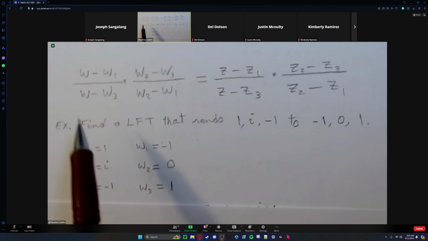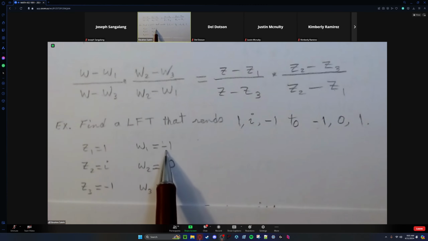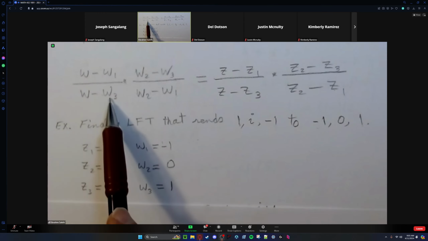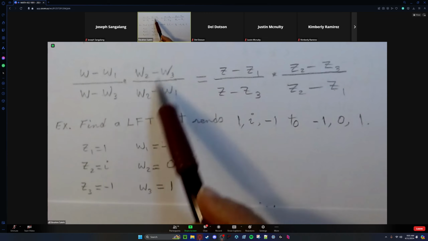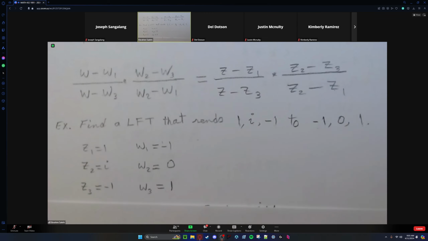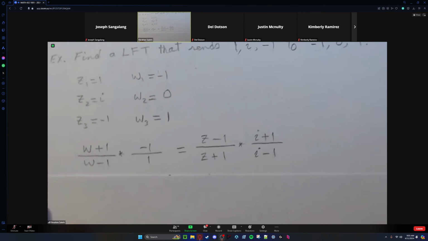So W minus W1 will be W plus 1 divided by W minus W3, okay? And this is going to be a number. Same thing on the right-hand side, you get this. And now you go ahead and solve this for W. Solve that for W.